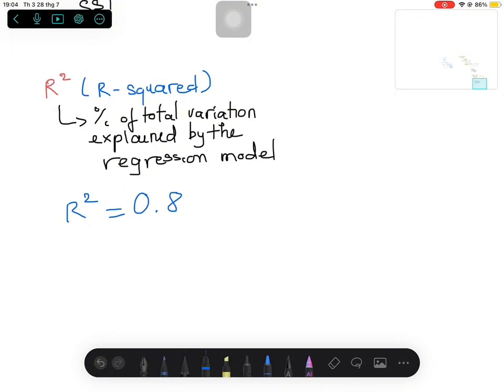That means 80% of the variation in the dependent variable is explained by the independent variables. But R squared has a weakness. It almost never decreases when you add more variables. Even useless variables can make R squared look slightly better.